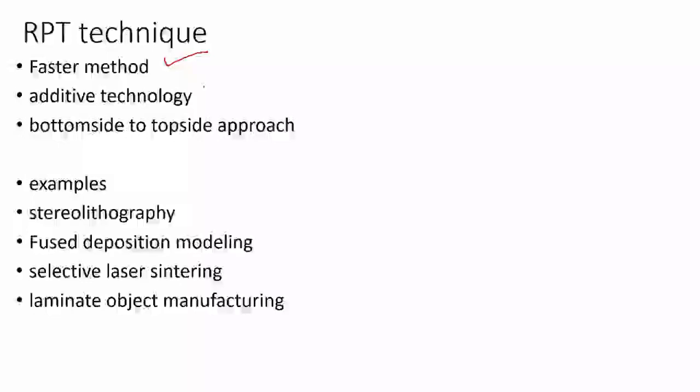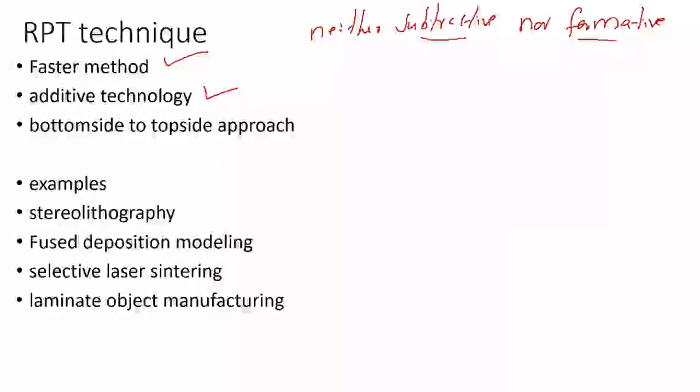The technology they use is additive technology. It is neither subtractive nor formative. RPT technique uses additive technology. Additive technology means the parts will be developed by adding the material one by one.